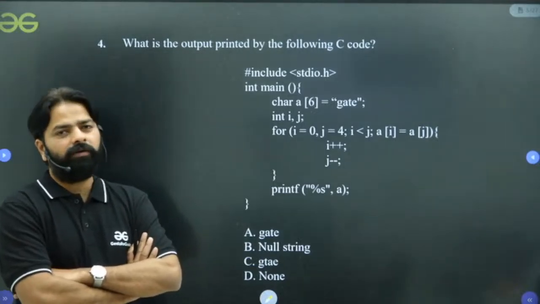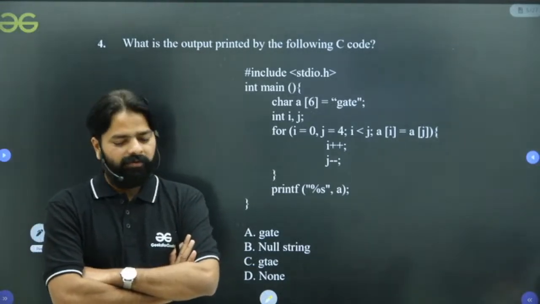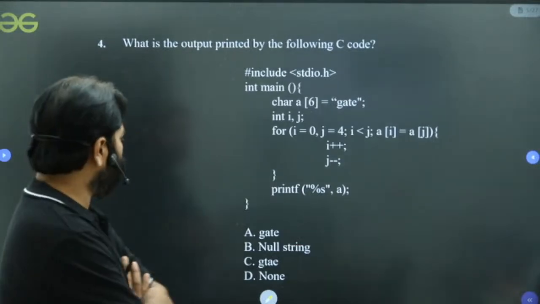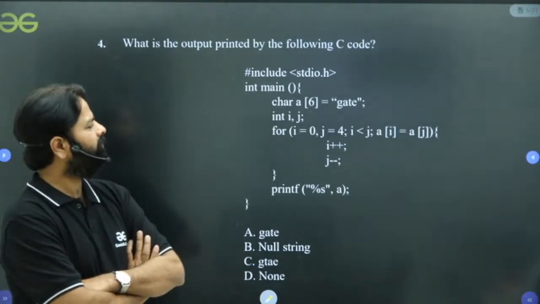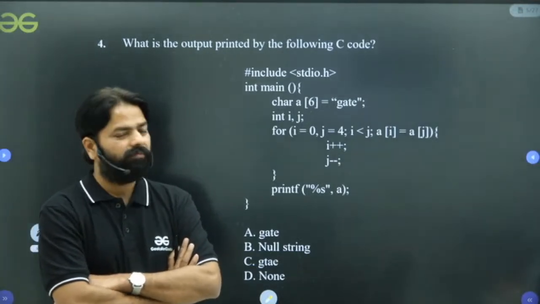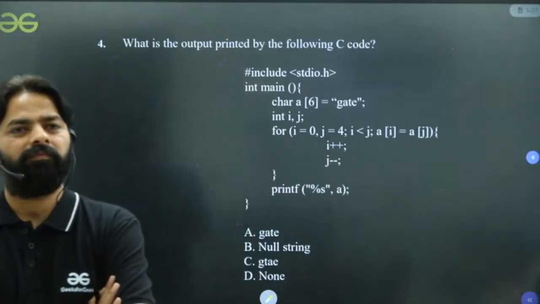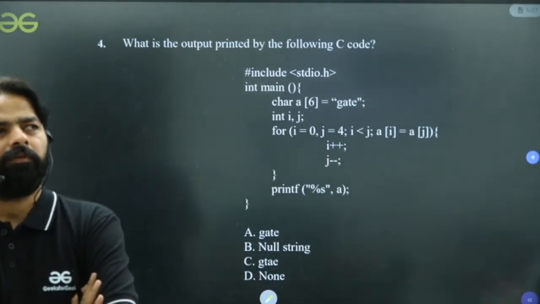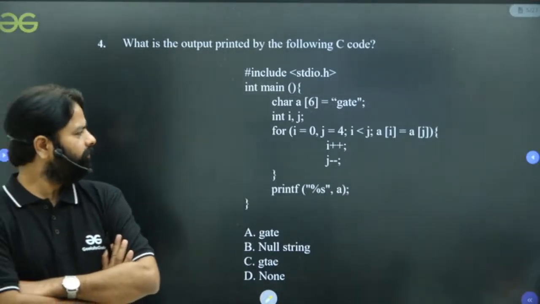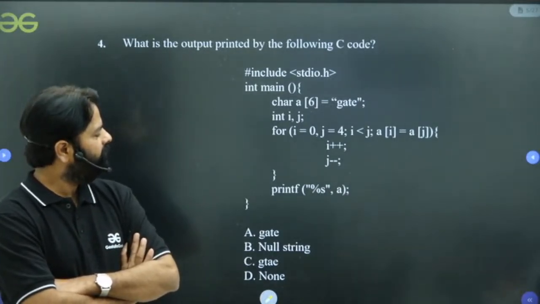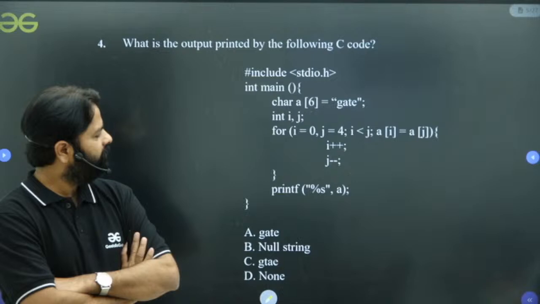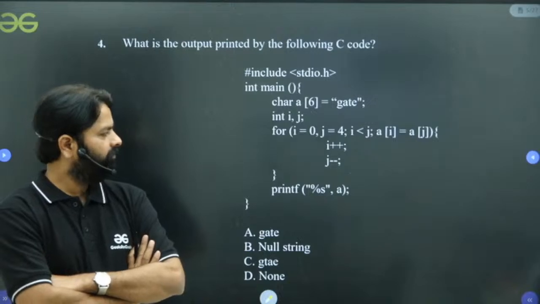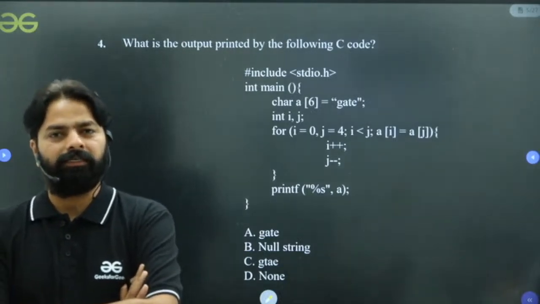A completely new question and modified, and आंसर तो आपको पता नहीं होगा, you have to derive it. Don't guess the answer, okay?